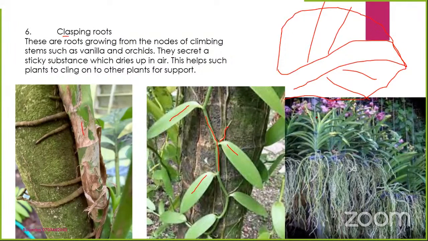Teacher, if they ask for examples of modified root types, should we write the examples of the roots? They wanted modified roots, so you pick out one, because even those modified roots have examples of plants that have them. You get it?